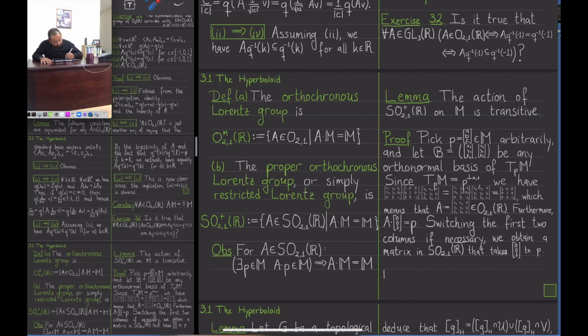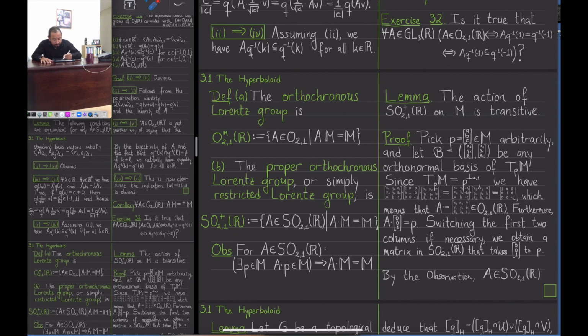By the observation, A belongs to SO(2,1)(R)+.